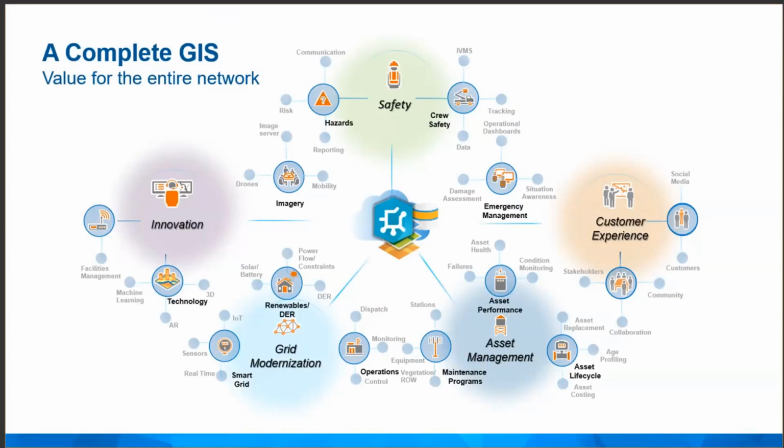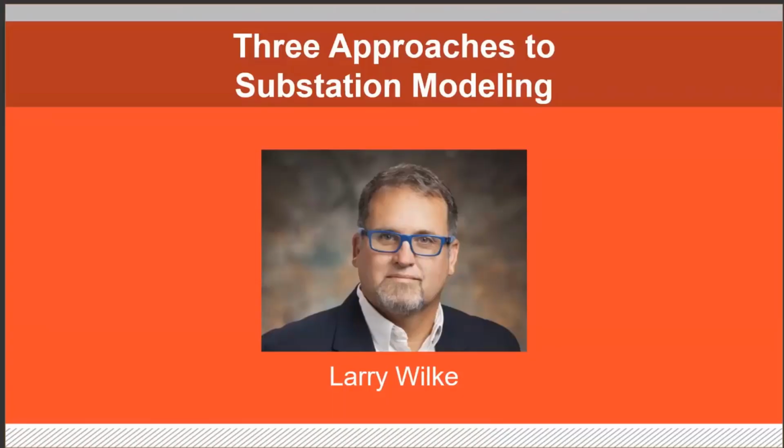That's really why you've had an OMS and a DMS transition to an ADMS, and Larry will talk about that shortly. But our ability to communicate and collaborate across these big data sets is going to be critical to support your infrastructure. So go ahead, Larry, take it away and show us what you got.